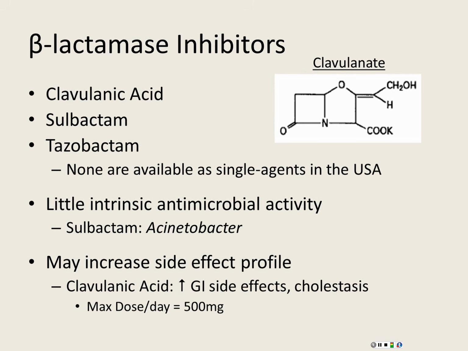And sometimes they do change your side effect profile. So clavulanic acid does have quite a bit of GI side effects. So when you're looking for a type of respiratory infection, particularly in pediatrics, where high-dose amoxicillin is required, make sure that you're not just doubling up your Augmentin to get more amoxicillin, because the clavulanic acid itself can have some pretty bad GI side effects.